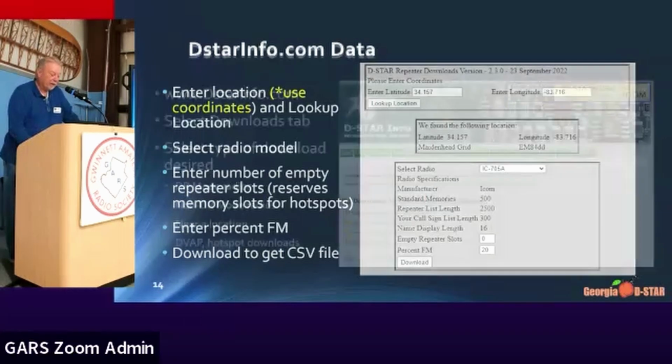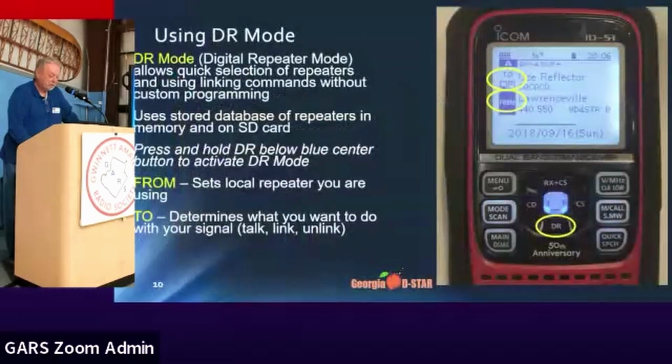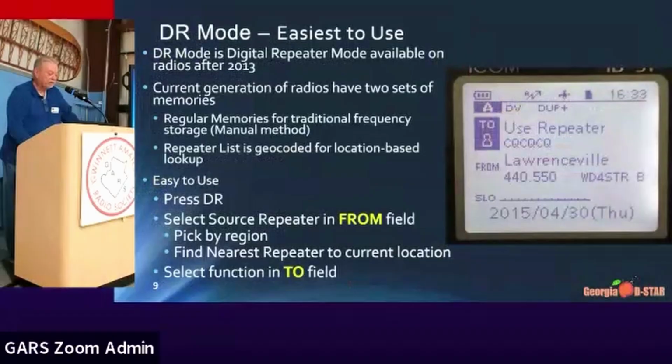Now let me back up here and let's talk about DR mode. It's the easiest to use. Like we were talking about, the current generation of radios really have two sets of memories. One is your regular memories that you would just program in for FM: you program in frequency, offset, direction, and tone if needed.